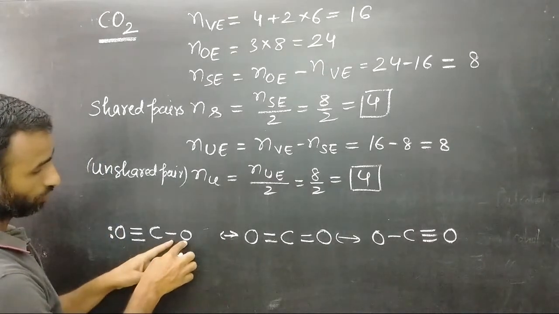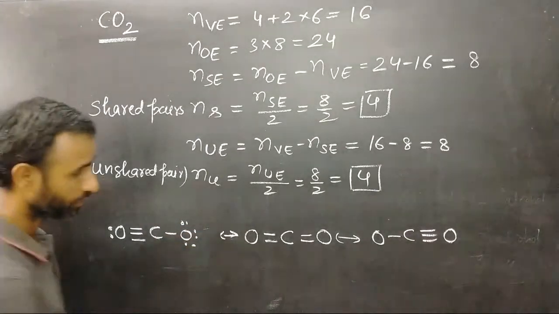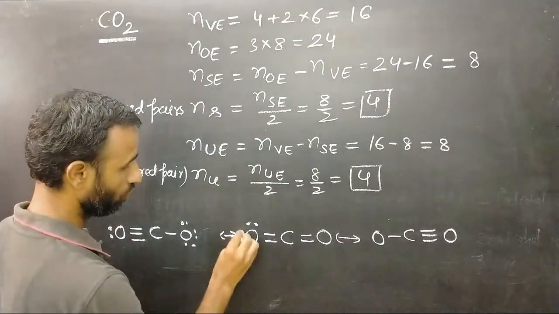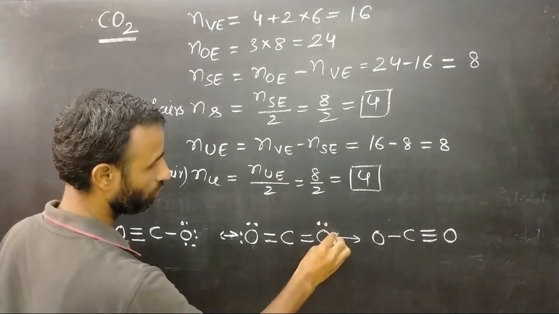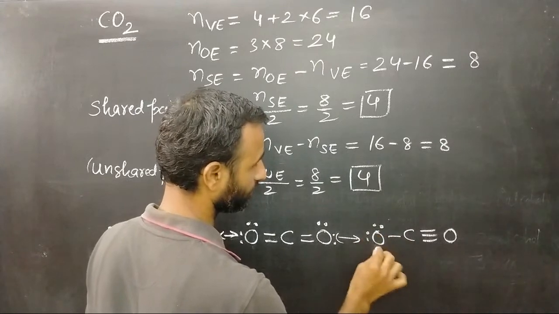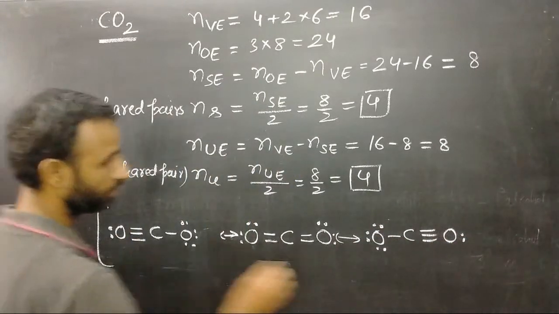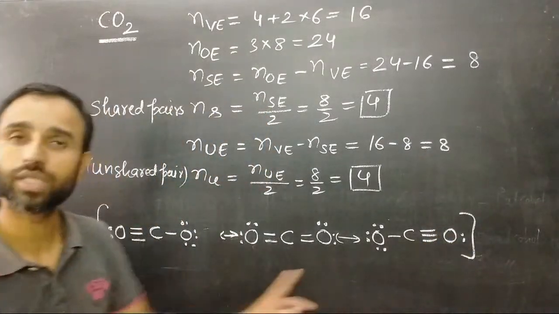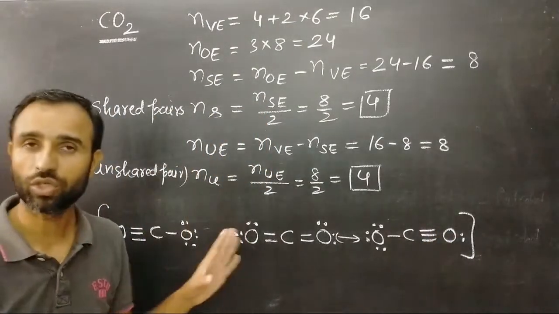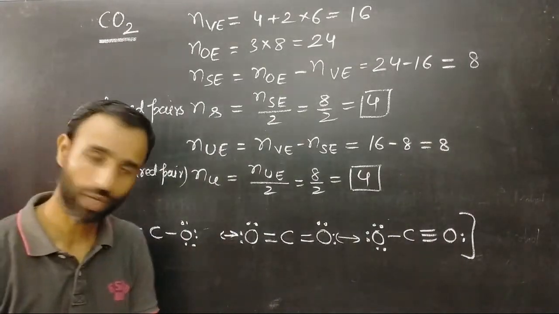If there is 1 bond pair, then there are 3 lone pairs. Here 2 2. So these are the Lewis structures for CO2. Okay?